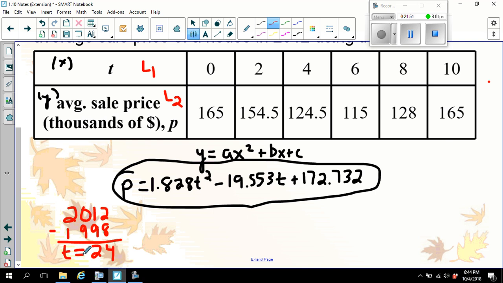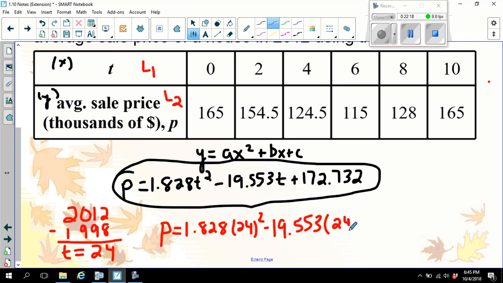So to get our final answer, we're going to plug 24 in every single place we see T. So we have P equals 1.828 times 24 squared minus 19.553 times 24, and then plus 172.732, okay?